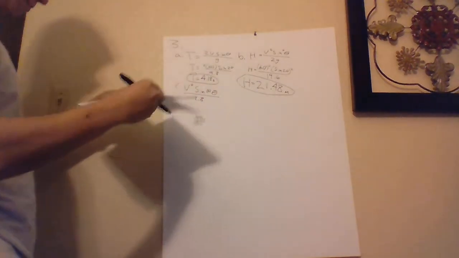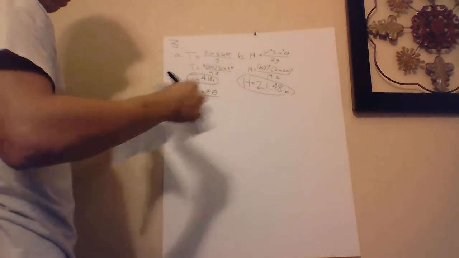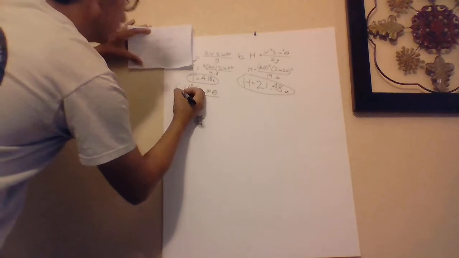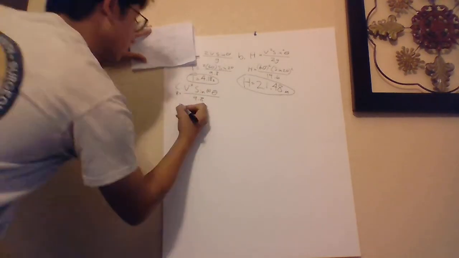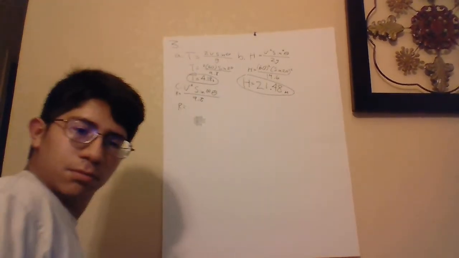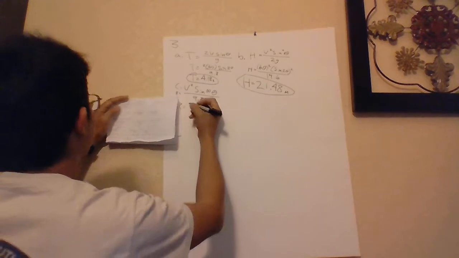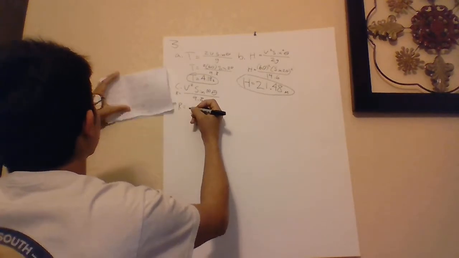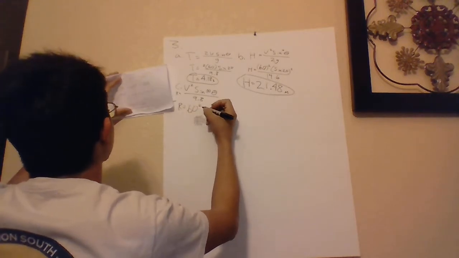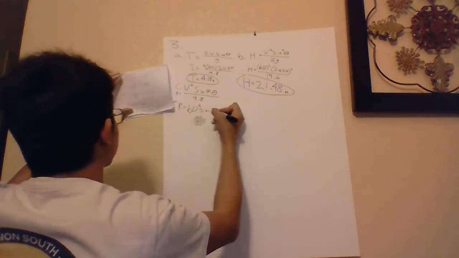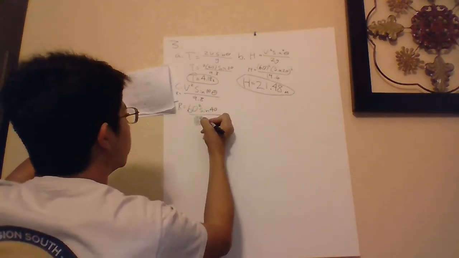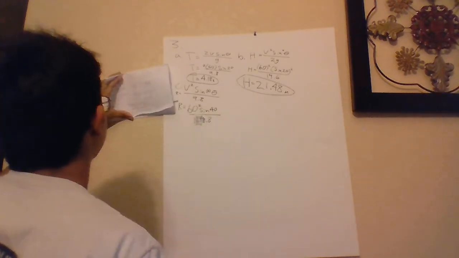When we fill these in, range equals 60 squared sine 40 over 9.8.